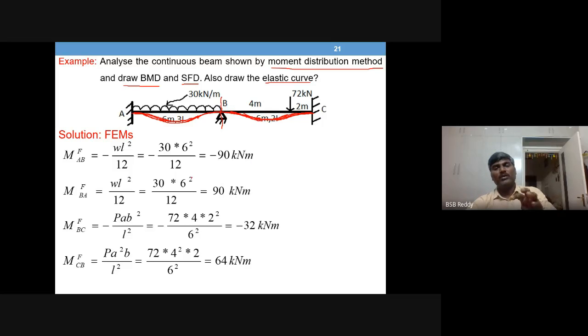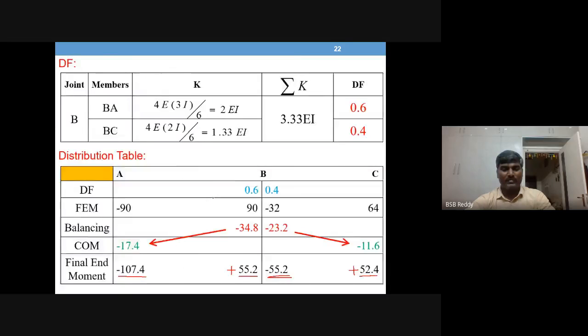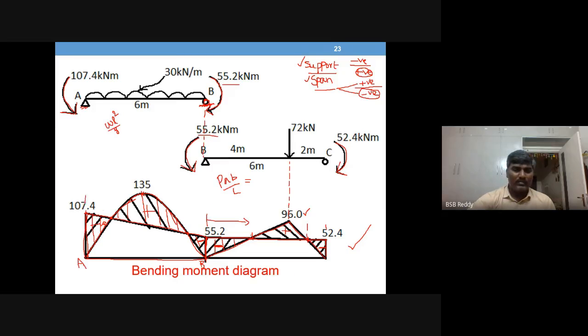So with a simple observation of the BMD, you see this portion you have hogging, this portion sagging, and again this portion hogging, negative moments.